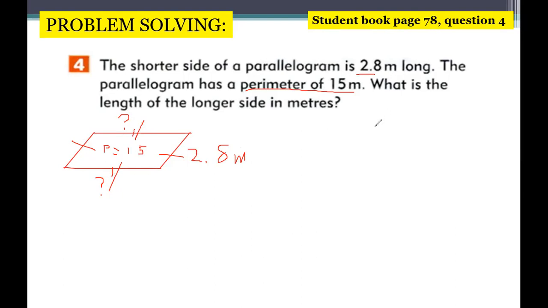So I want you to do question 4. What I'm showing you now, I am drawing it so that I know which ones are missing. Understood? So you have a student book, page 78, question 2, question 3, and question 4.